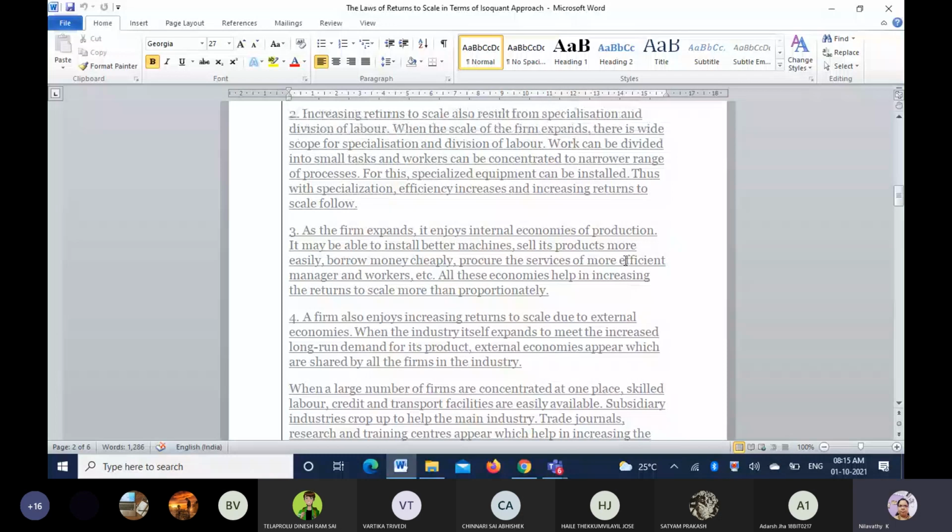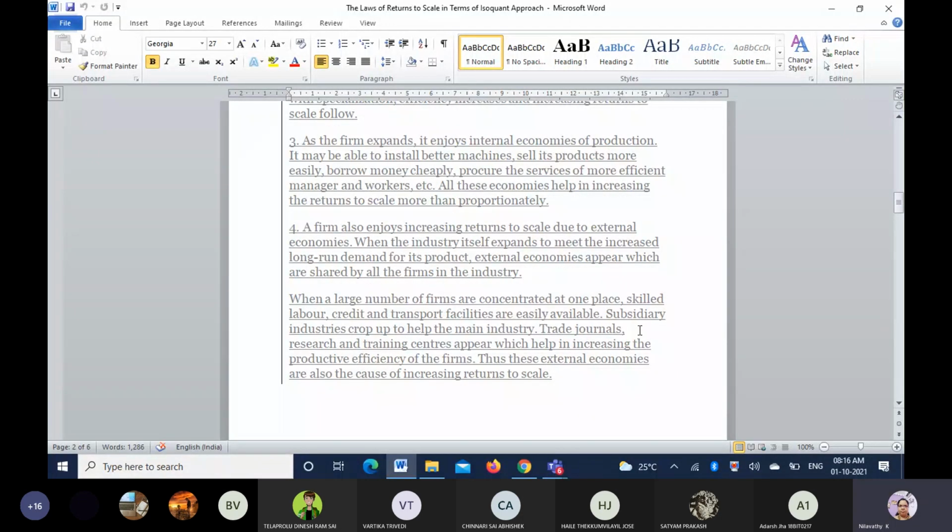So an industry which is working with the help of subsidies or incentives provided will likewise have some additional benefit added here. You can just go through it and understand the concept.